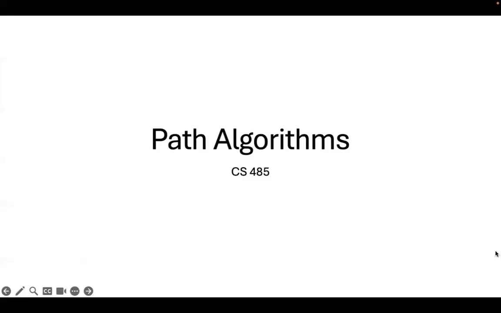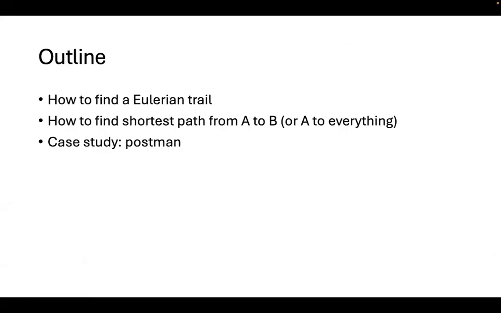Okay, so last time we looked at minimum spanning tree algorithms. So given a weighted graph, how can we find a spanning tree with minimum cost? We looked at several algorithms to do that. Now we're going to approach a slightly different problem. So the problem is paths.